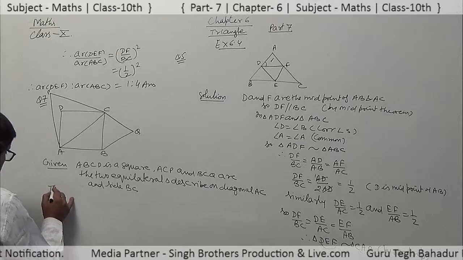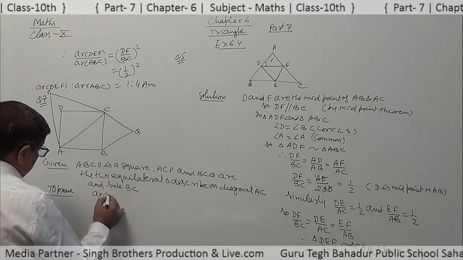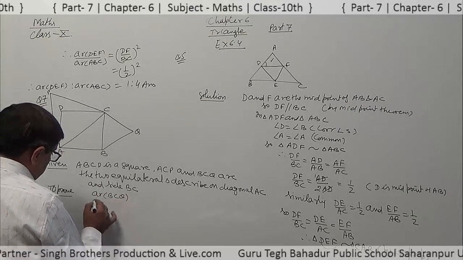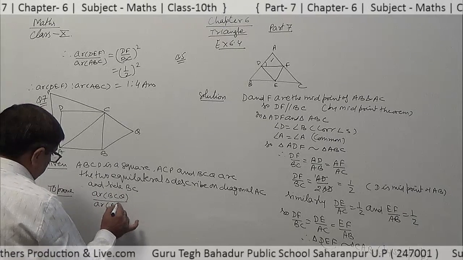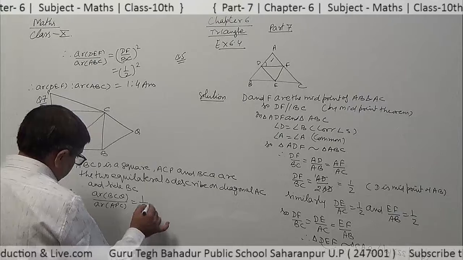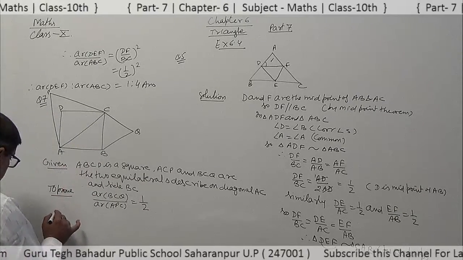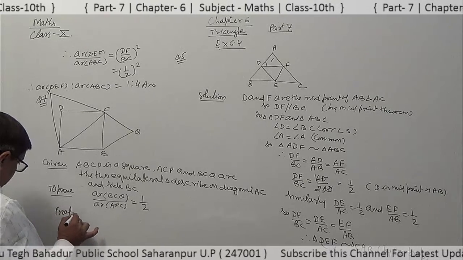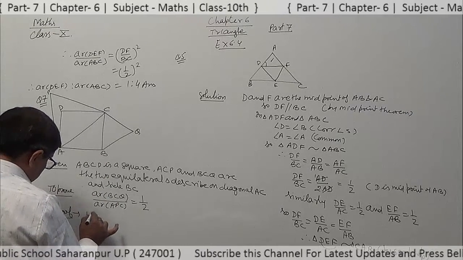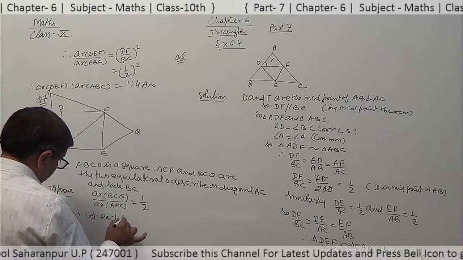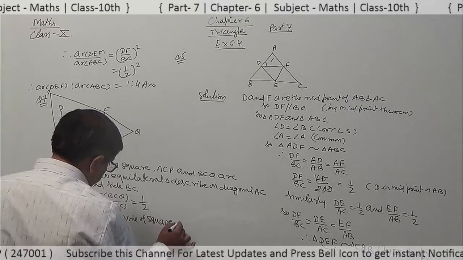To prove: area of triangle BCQ upon area of triangle ACP is half. Now proof: let each side of the square be a.